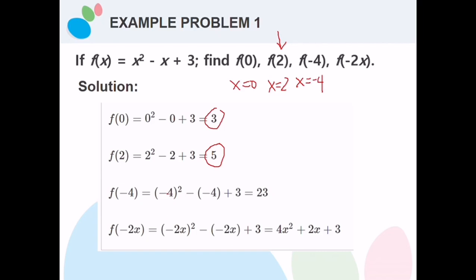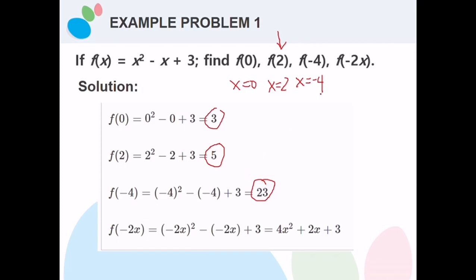So our x will be negative 4 squared minus negative 4, enclosed in parentheses, plus 3. Overall, if you calculate using your calculator or your manual technique, our answer will be positive 23.